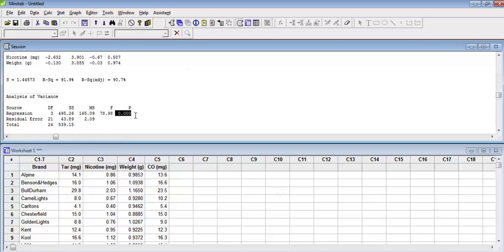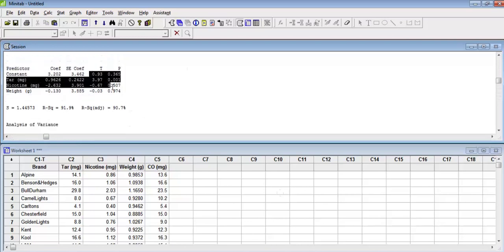Please notice that we cannot determine which variables contain coefficients that are non-zero, but this test tells us that at least one is non-zero. To determine the significance of the individual predictors, we use individual t-tests.